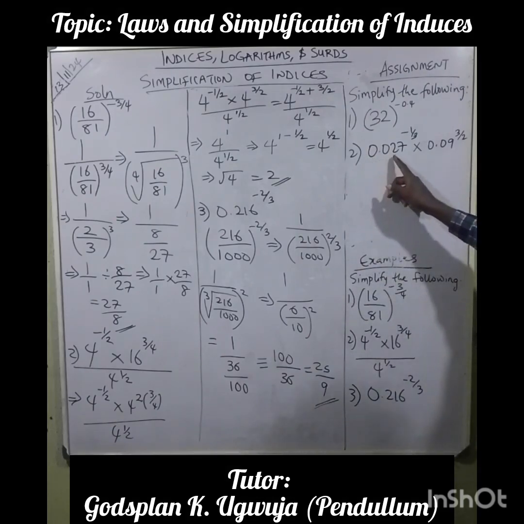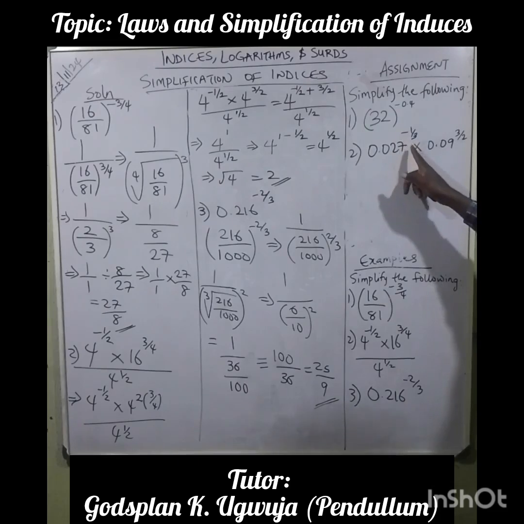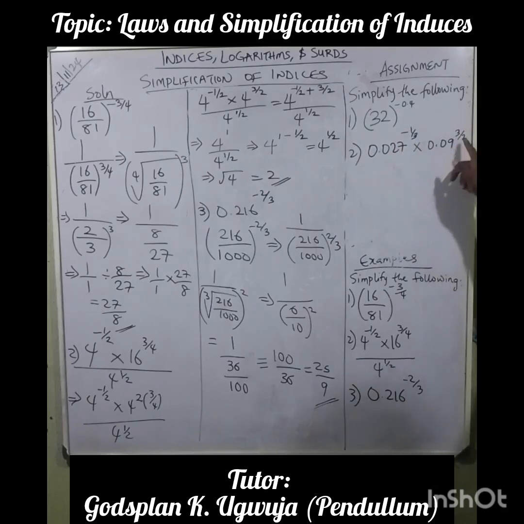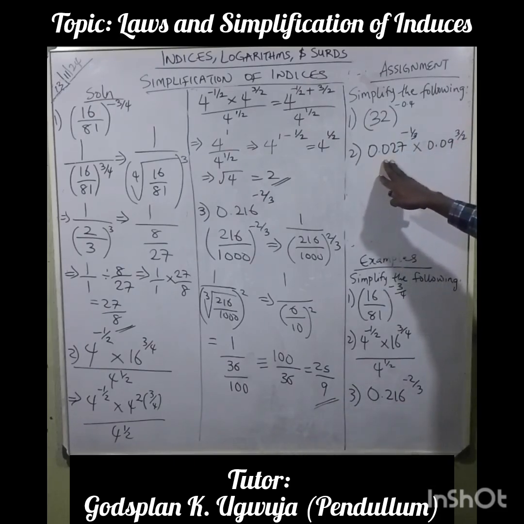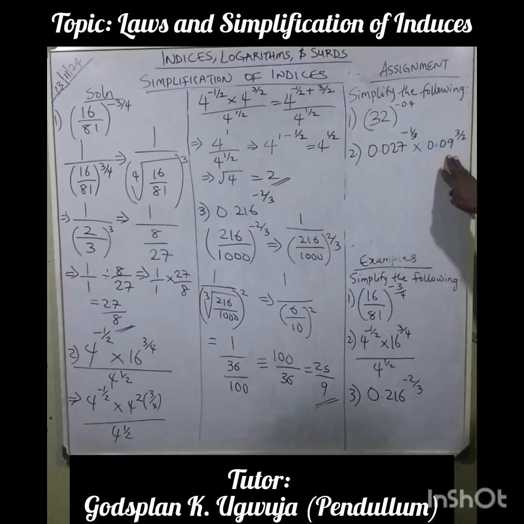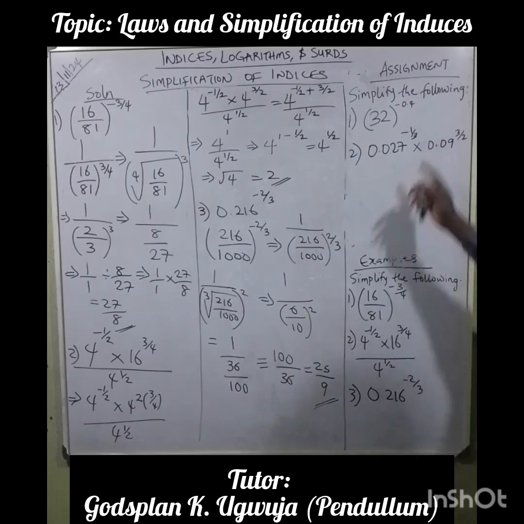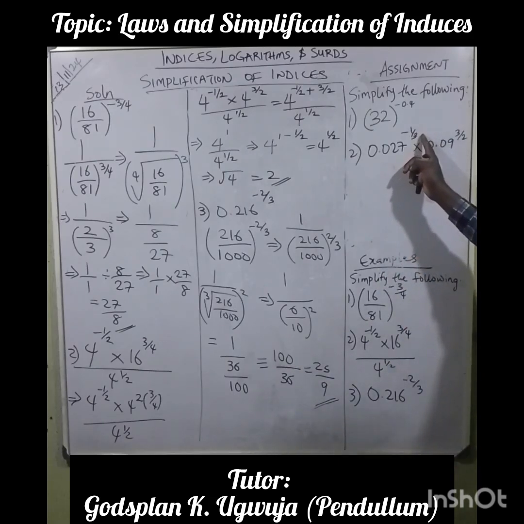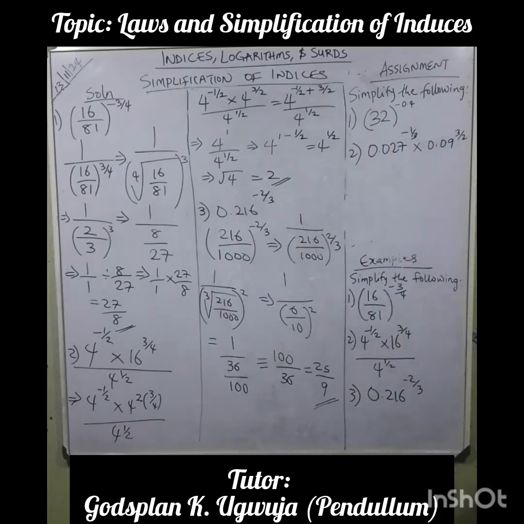Then here you have 0.027 raised to the power minus 1 over 3 times 0.09 raised to the power 3 over 2. Convert this to fraction, 27 over 1000. Convert this to fraction, 9 over 100. Then reduce them to their lowest terms. Manipulate with these powers. Remember this negative power and then the fractional index. When you get your powers, put them in the same base and then add up.